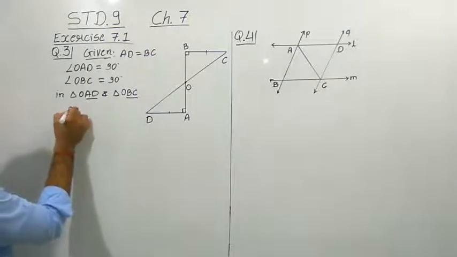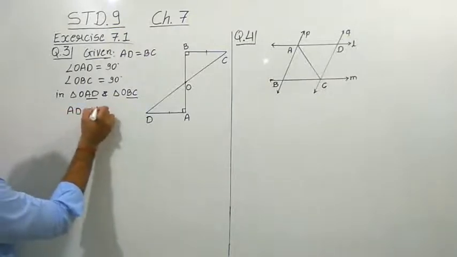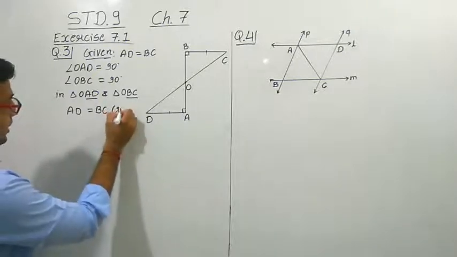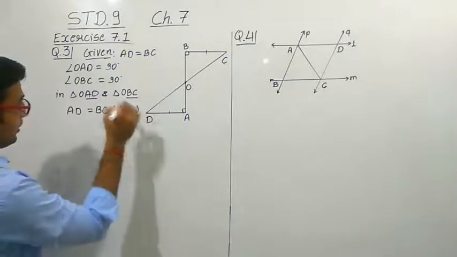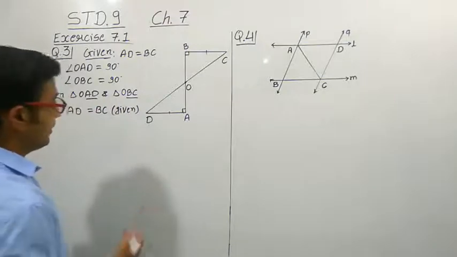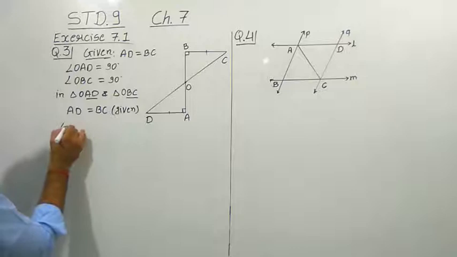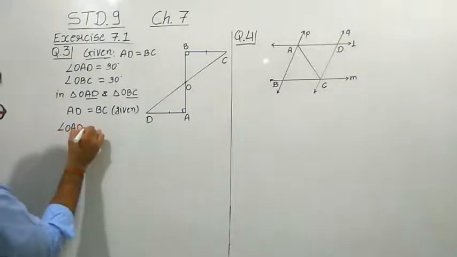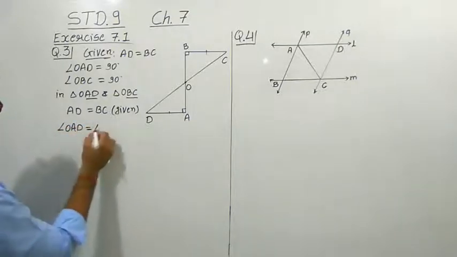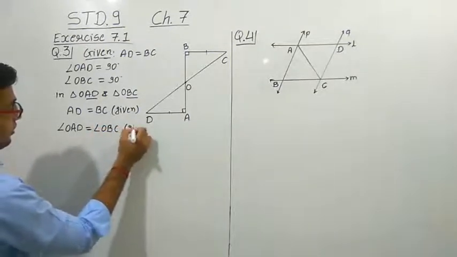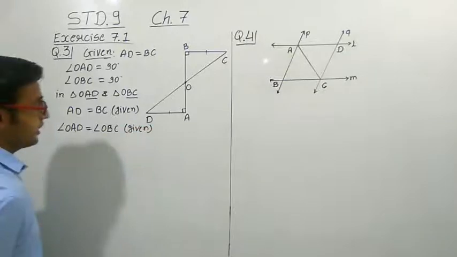So AD is equal to BC, and this is already given. Another thing we can write is the angle: angle OAD is equal to angle OBC.